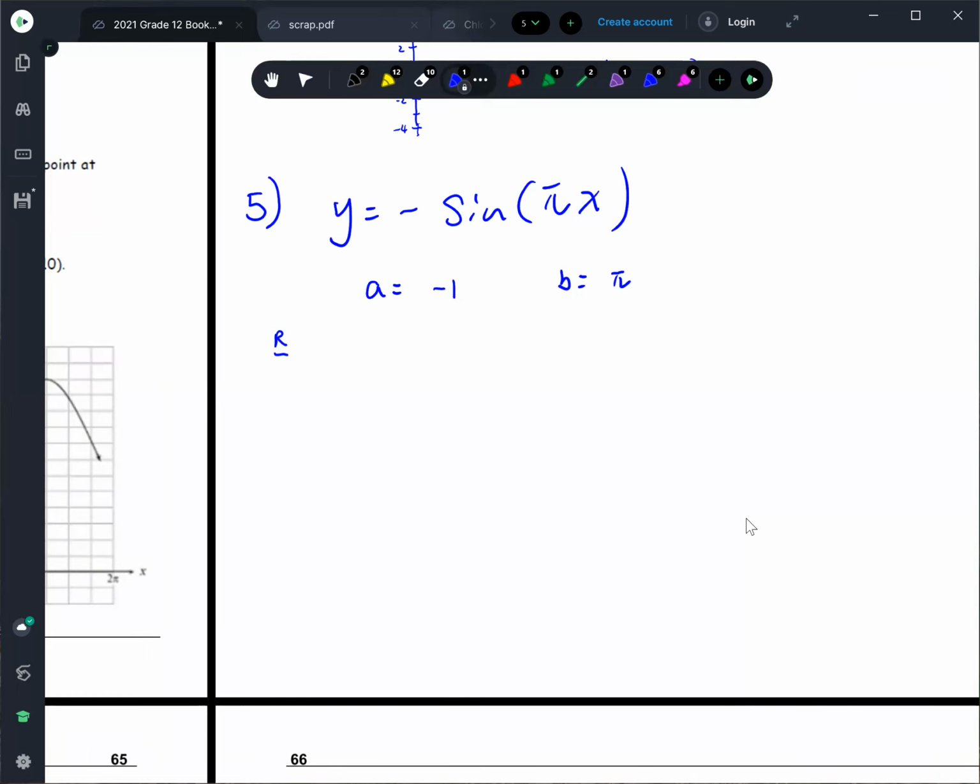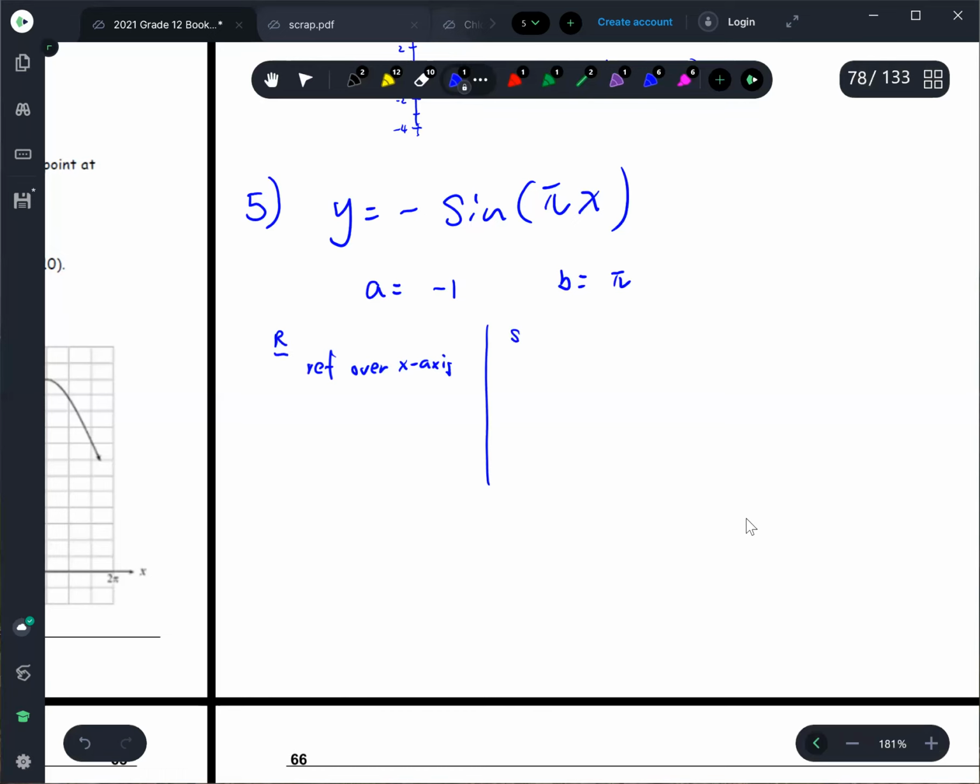For A, it's reflection over the x-axis. Very good. Okay, reflect over x-axis. You'll get the x-axis reflection if A is negative. All right. Now we move on to the S.